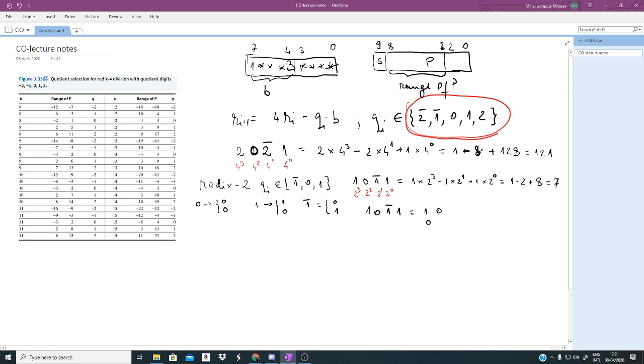For 0, 0 up, 0 down. For minus 1, 0 up, 1 down. For 1, 1 up, 0 down. And so we subtract the part from below, this part from downstairs, from what's upstairs.